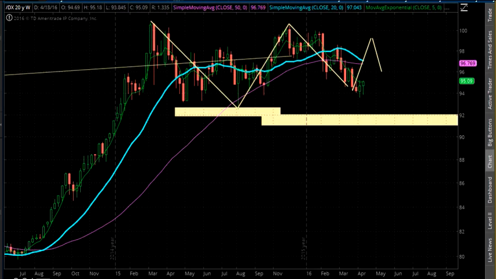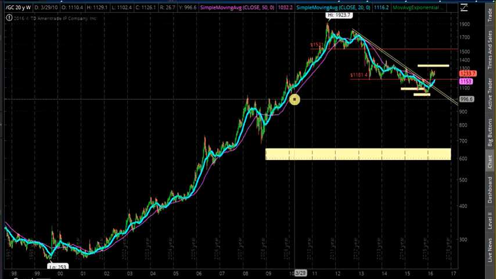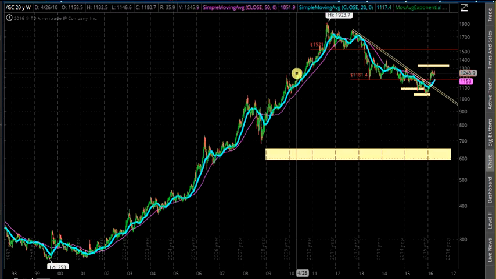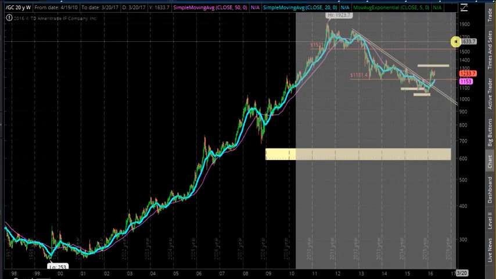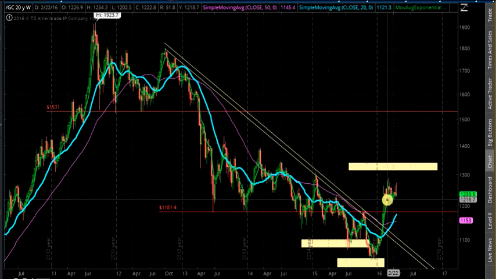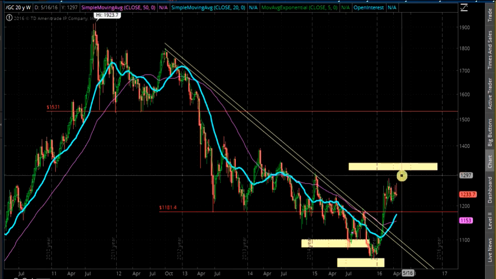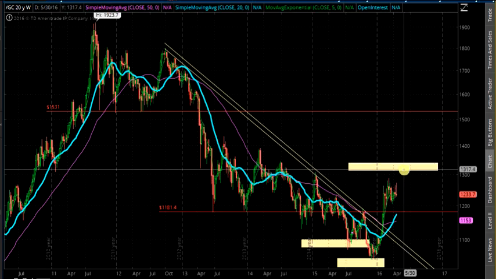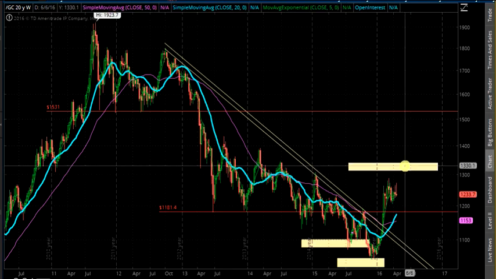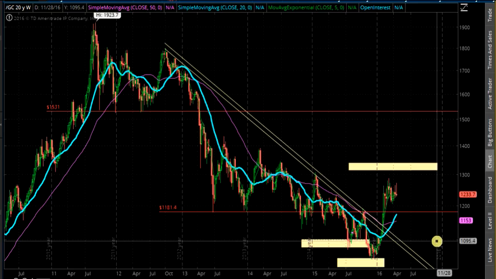Let's look at gold. Here's the long bear market that we keep talking about. And you can see gold has kind of reached a place where it wants to pause, but it's likely to move up into this yellow box before we see some sort of rollover in gold.